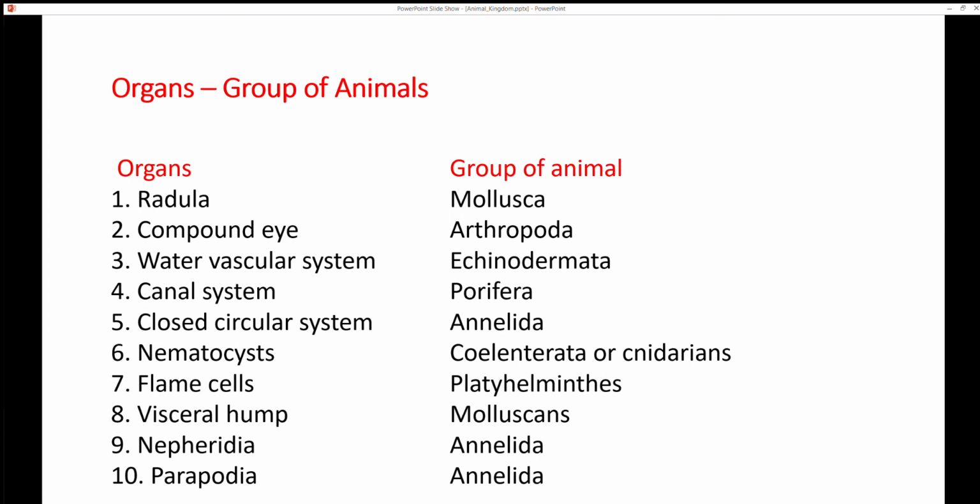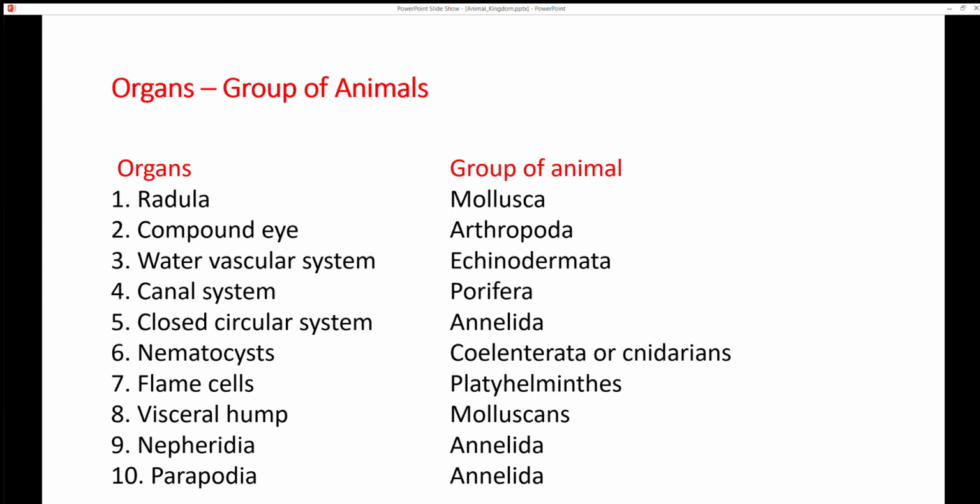This compound eye is responsible for seeing and for movement. In Echinodermata, the water canal system helps in metabolism.